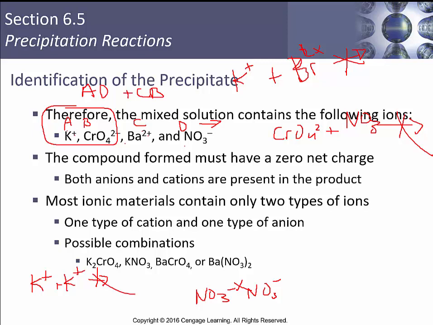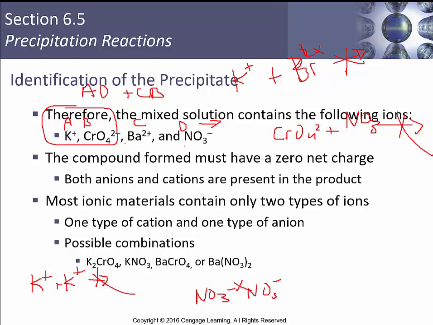What we're going to see is some of these things are going to be soluble, some of them won't be. So if you can memorize this pattern, AB plus CD gives me products of AD and CB, where they've kind of swapped themselves around. They swapped partners. That's the only way we can have these two interactions. This may be a precipitate. This may be a precipitate.